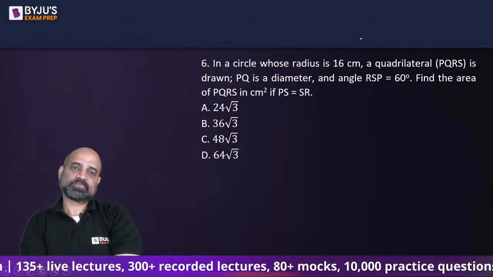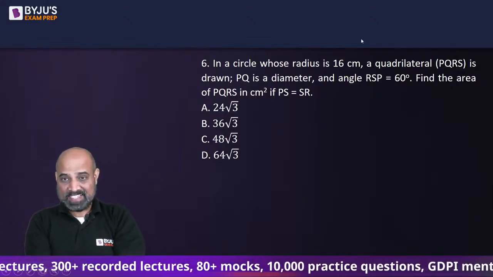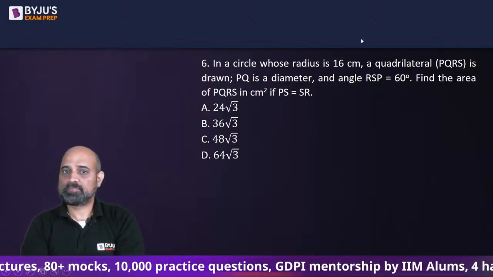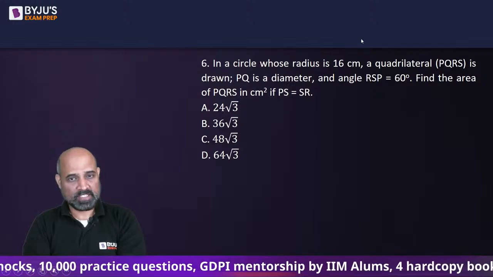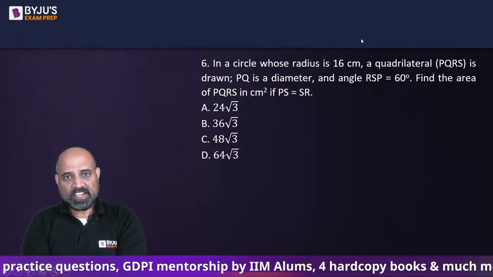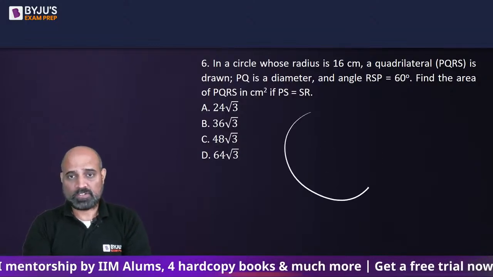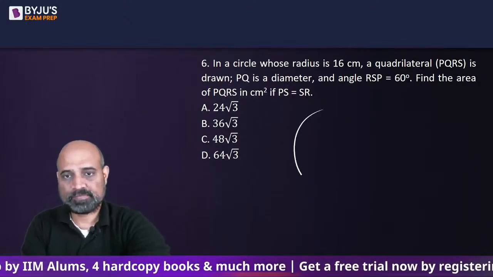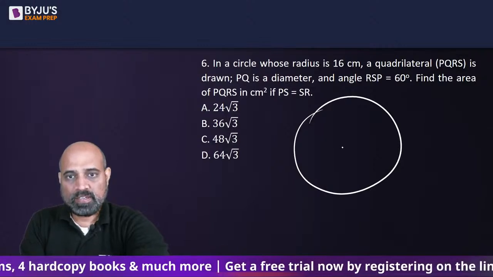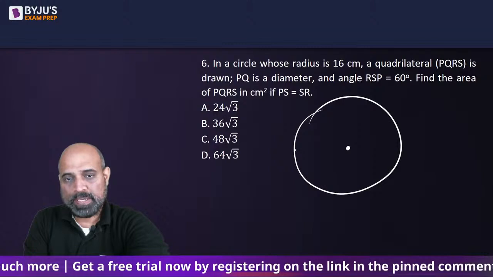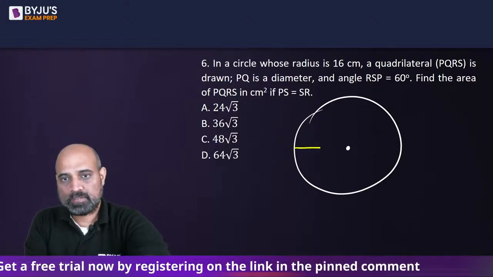Okay, next. In a circle whose radius is 16 centimeter, quadrilateral is drawn. PQ is the diameter and angle RSP is 60 degree. Find the area of PQRS in centimeter square if PS is equal to SR. Okay, so we need a circle whose radius is 16 centimeter. PQ is the diameter.